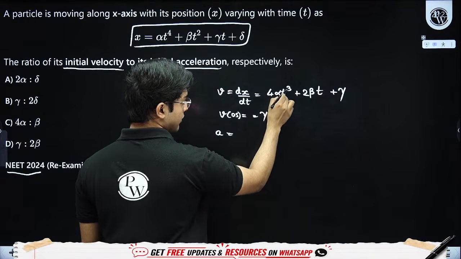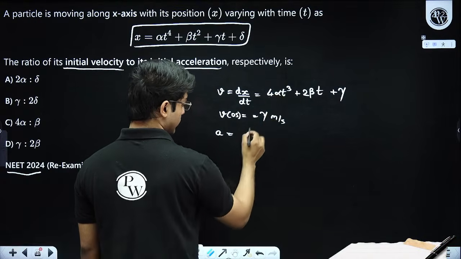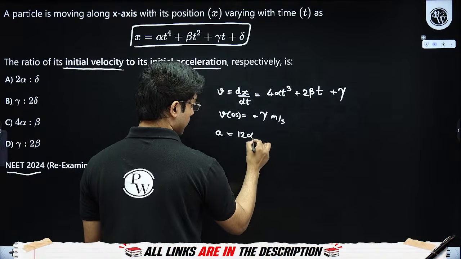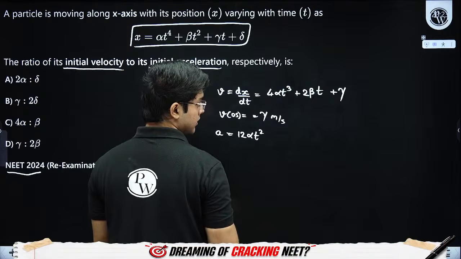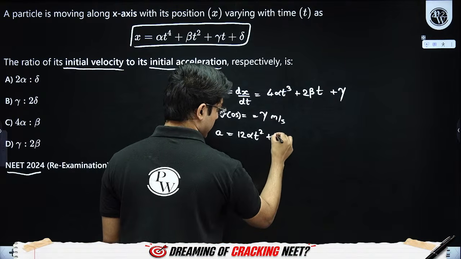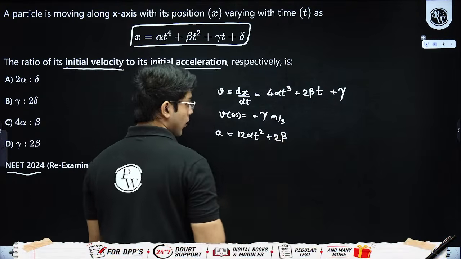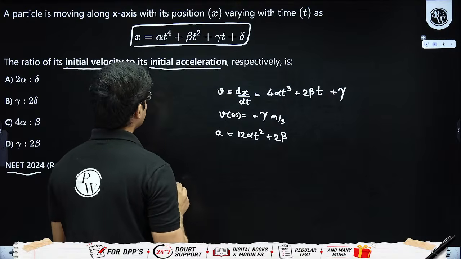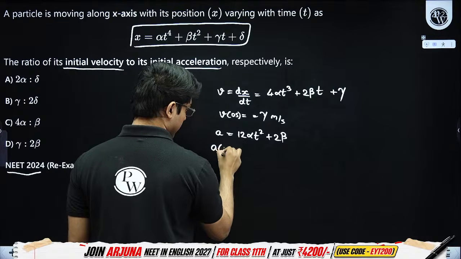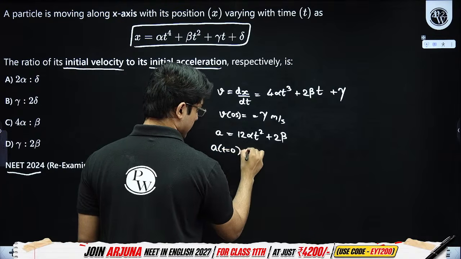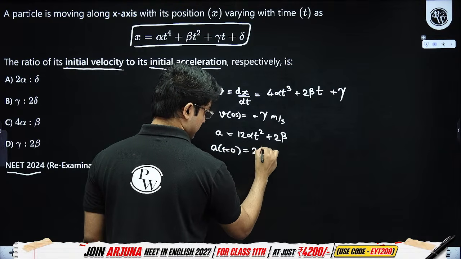So, t cube's derivative is 3t square. So, 4 3s are 12, so 12 alpha t square. T's derivative is 1, so plus 2 beta. This is the acceleration. Initial acceleration means acceleration at t equal to 0. That is 2 beta.